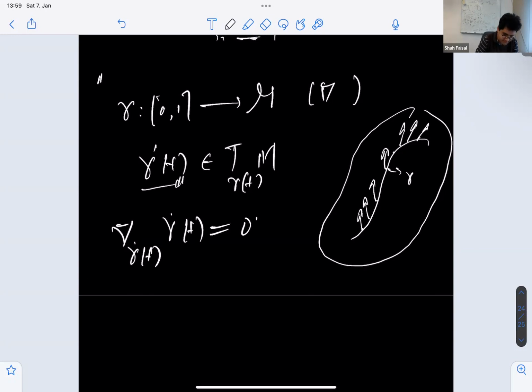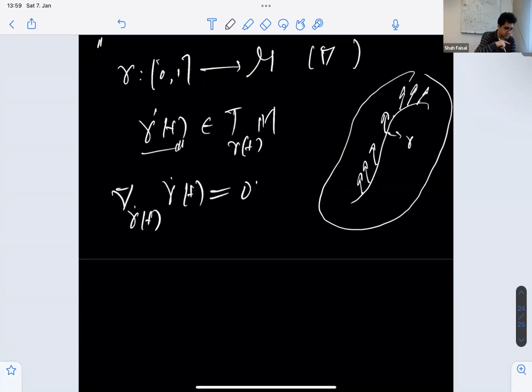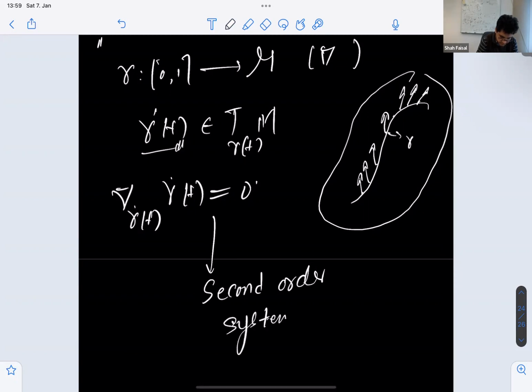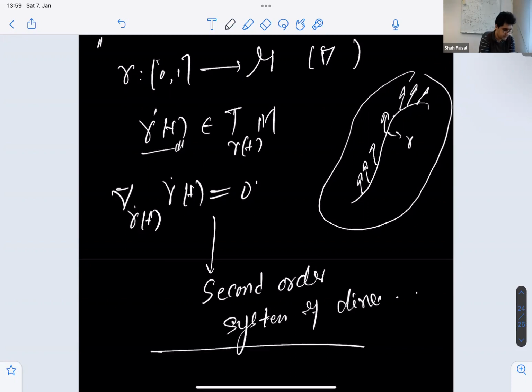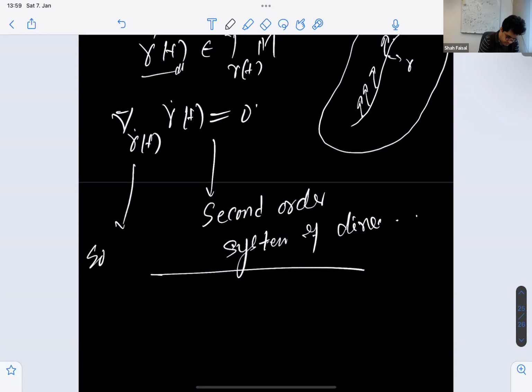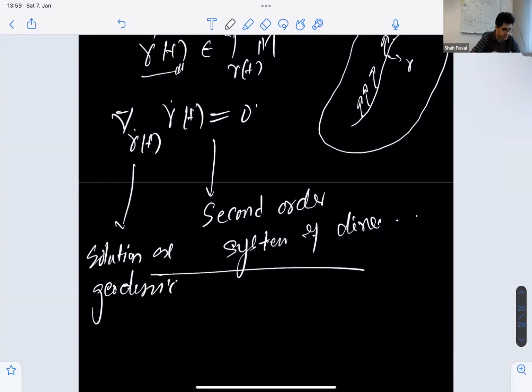This is basically a second order system of differential equations whose solutions are functions from an interval to the manifold. And the solutions to this equation are what we call geodesics. Basically these are paths which minimize the length between two points and so on.